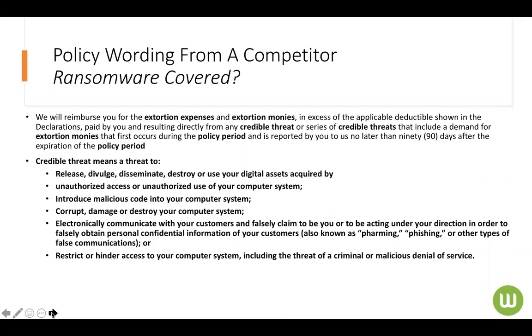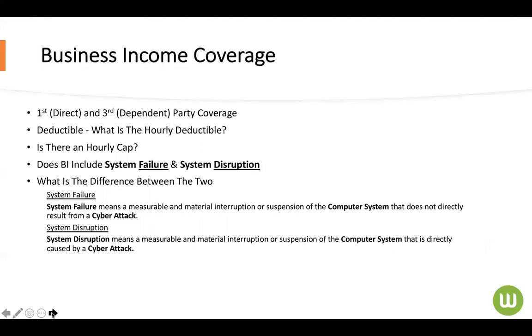And reading the definition of a credible threat, it means a threat to release, divulge, disseminate, etc., to introduce malicious code into your system, to corrupt, damage, or destroy your system, etc. Key word being threat. So they haven't actually inserted that malware. So reading this policy, we would assume that a ransom event would not be covered, just the extortion piece. Very good. Back to you, Brad.